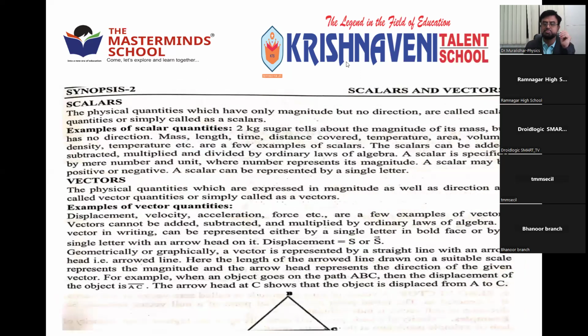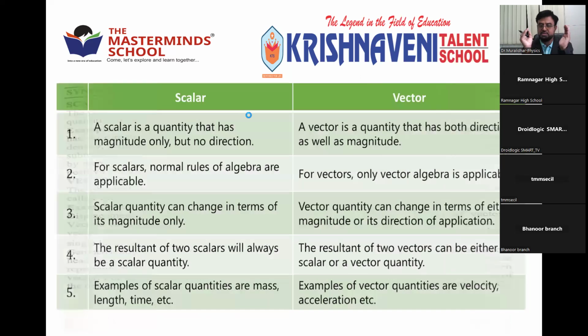Then in the second synopsis we started and discussed scalars and vectors. Very important. All the physical quantities, which initially in the first chapter we classified into fundamental physical quantities and derived physical quantities.